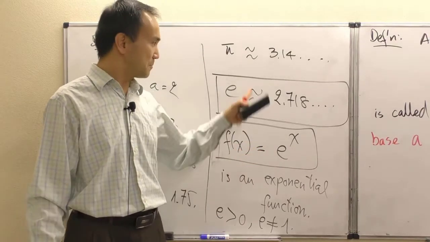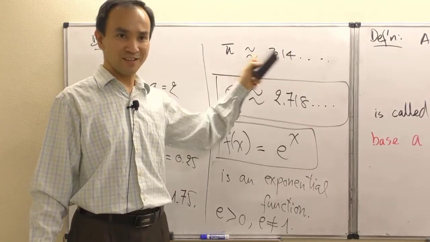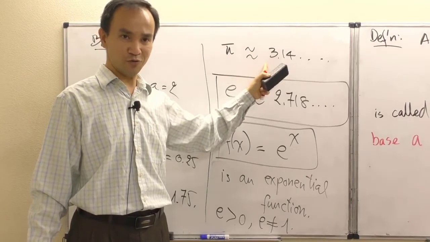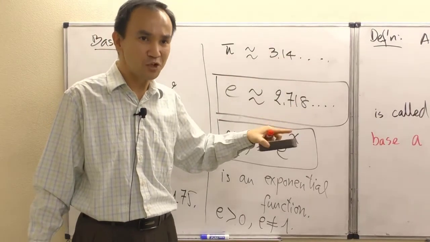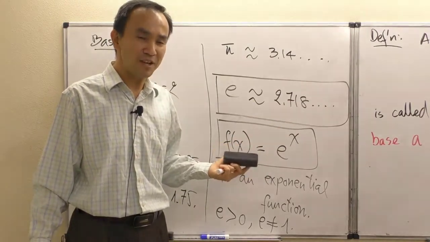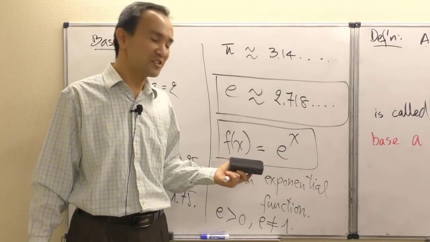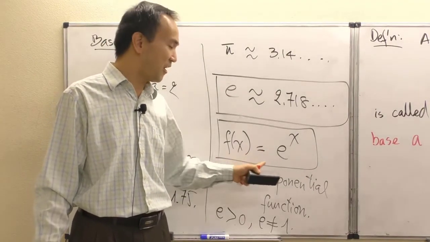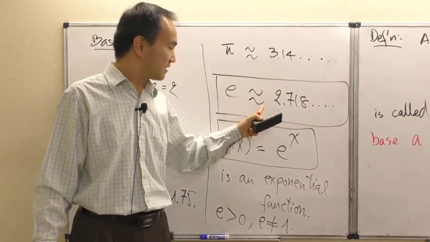Okay, see, pi is a very well-known constant, and it's heavily related to circles. But the exponential function pi to the x is not seen too often. E to the x doesn't have that close relationship with circles. The constant e itself doesn't have that close relationship with circles.